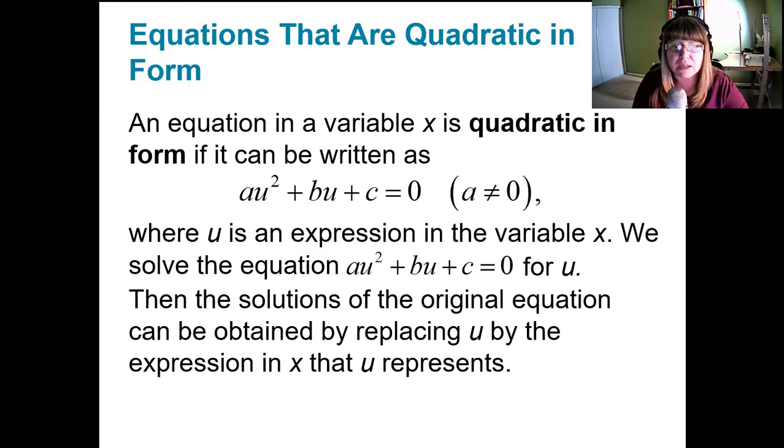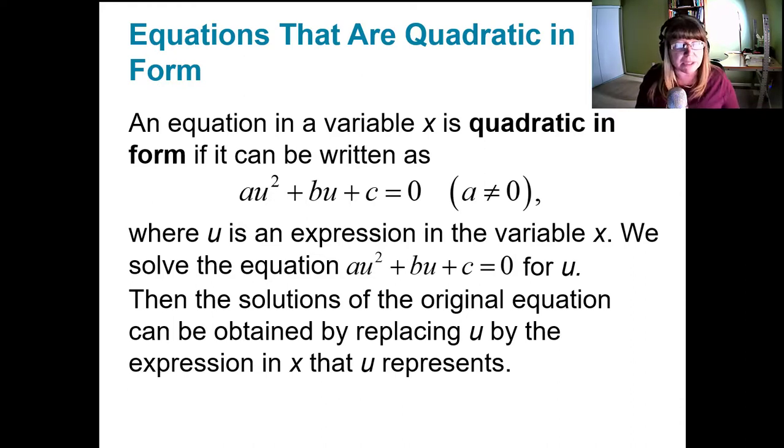But if you think about our old quadratic form, which was ax squared plus bx plus c equals 0, and we didn't want a to be 0, otherwise we wouldn't have that squared term. Now we're going to replace that x squared and the x in the linear term with an actual expression that contains x, something like x plus 1.